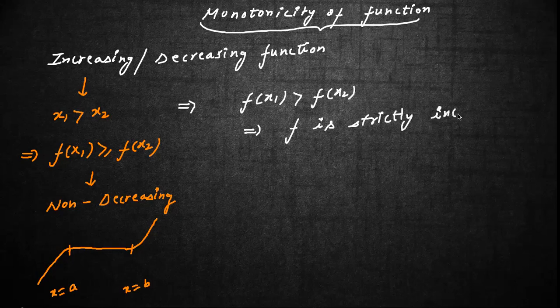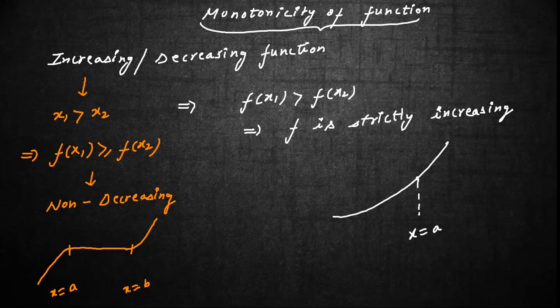It means that you take any point on the curve, any point on the curve, let us say this is x equals a. So at every point, the function is increasing. This is the meaning of increasing or decreasing. We'll talk about decreasing later on.